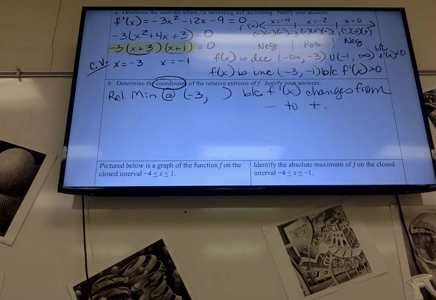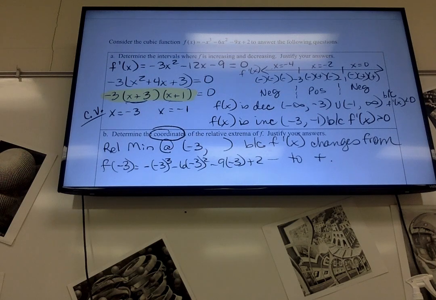So let's see. F of -3 is negative of -3 cubed minus 6 times -3 squared minus 9 times -3 plus 2. I'm plugging it in to f of x.